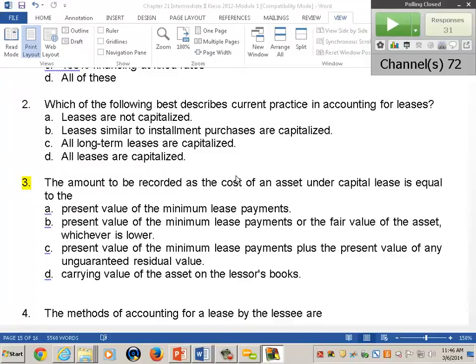Let's just take some numbers. Let's say you had no residual value. Future value is the residual value, 0. And you had 3 payments of 100 at 10%.